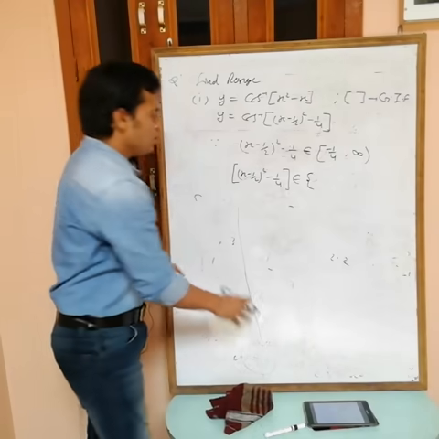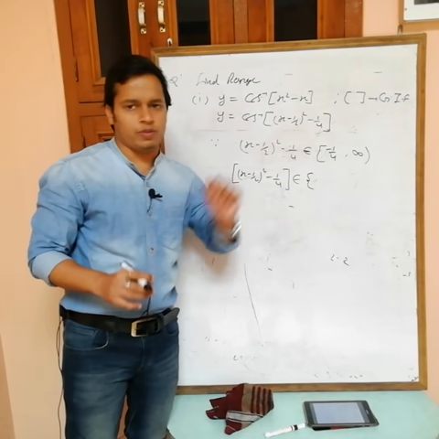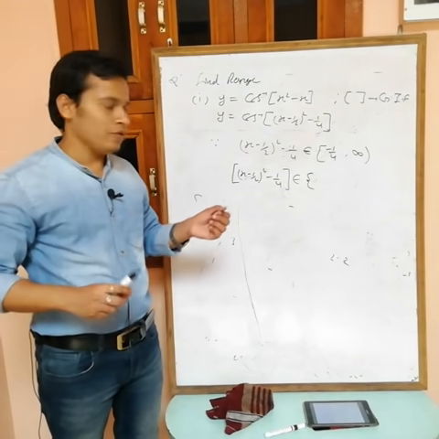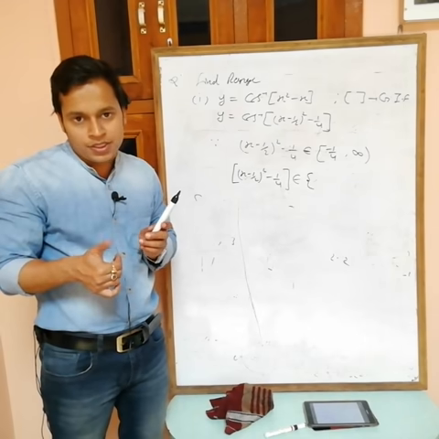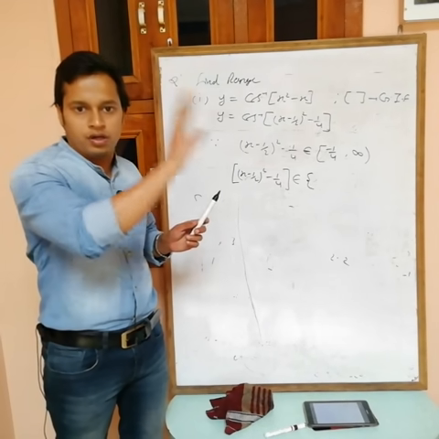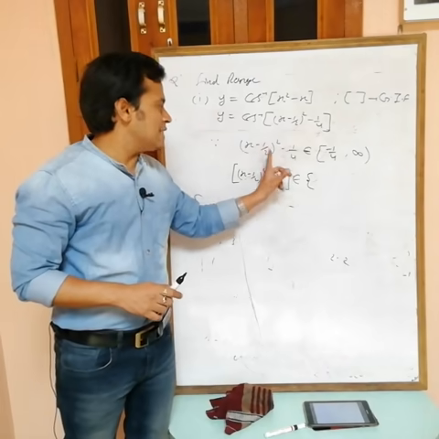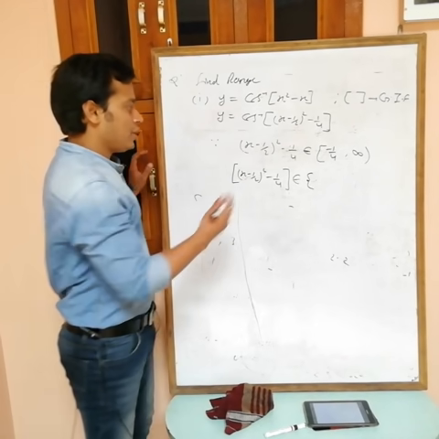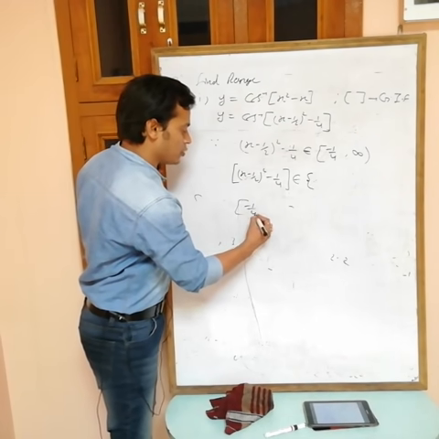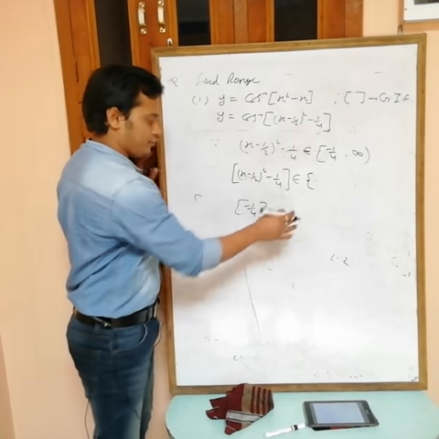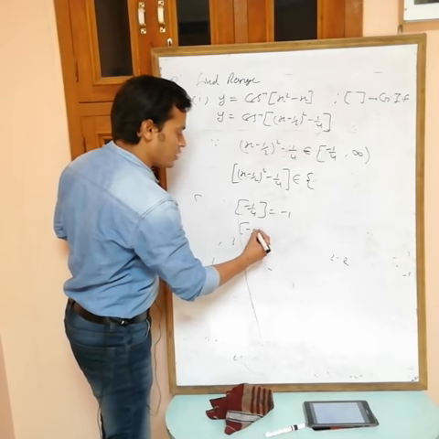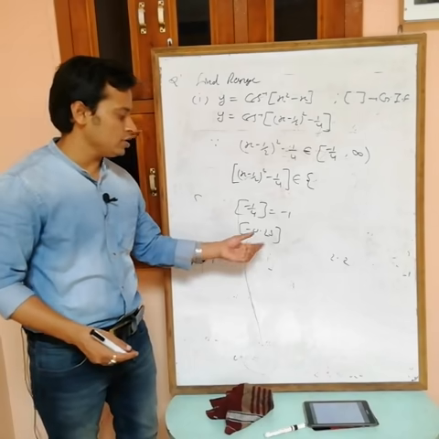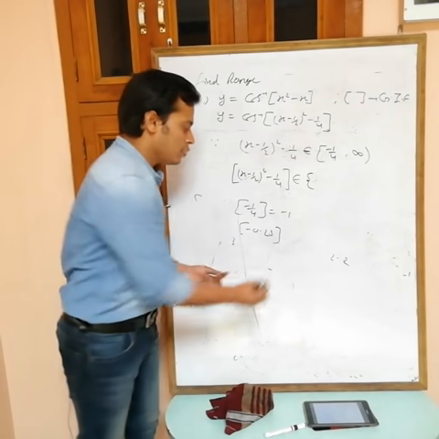So the first value of this one is minus 1 by 4. Now I want the starting integer and end integer, then we have to take them continuously. When this is equal to minus 1 by 4, can you find the greatest integer of minus 1 by 4? Minus 1 by 4 means minus 0.25. This is not an integer, so the greatest integer of this one is minus 1.